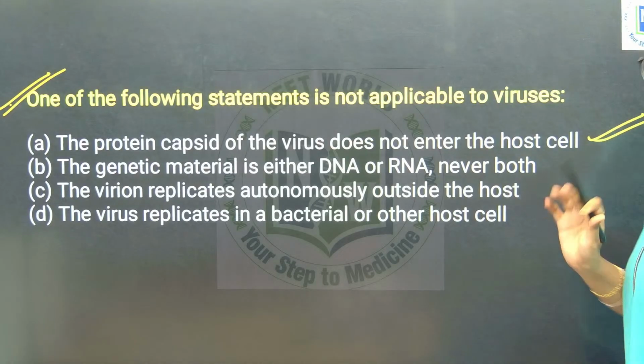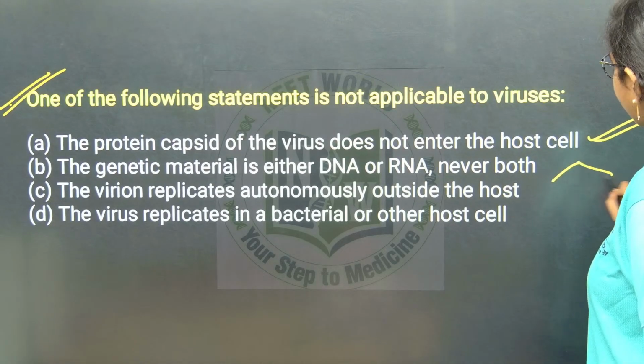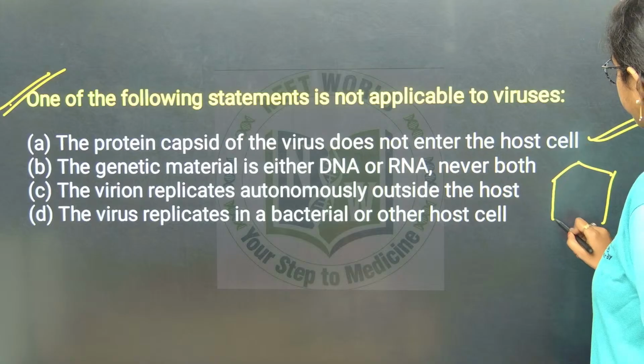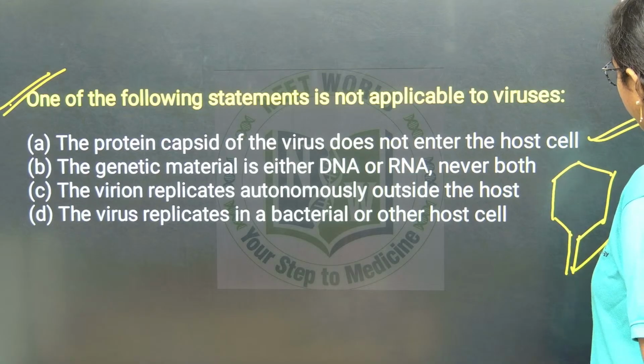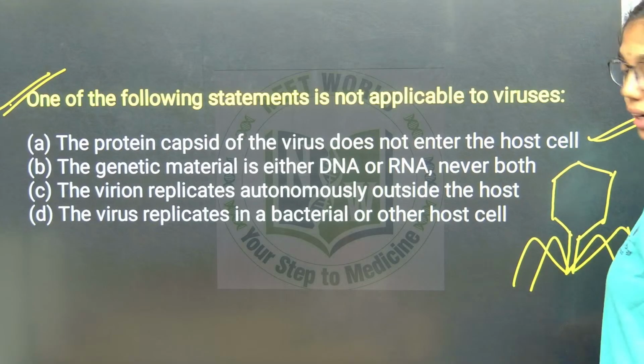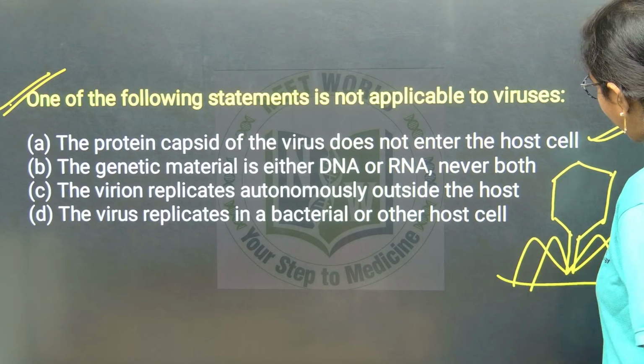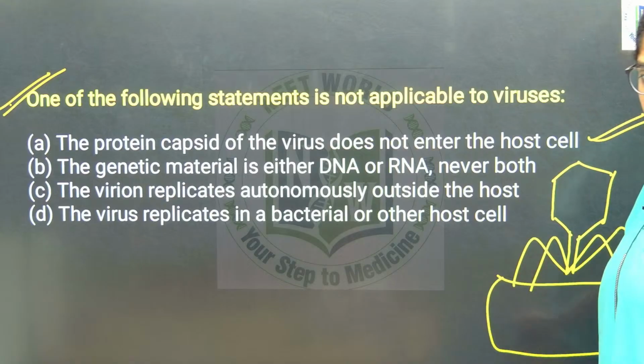Yes, you take an example, for example a bacteriophage, which has head, collar, tail and tail fibers. This will be adjoined to what? A bacterial cell.